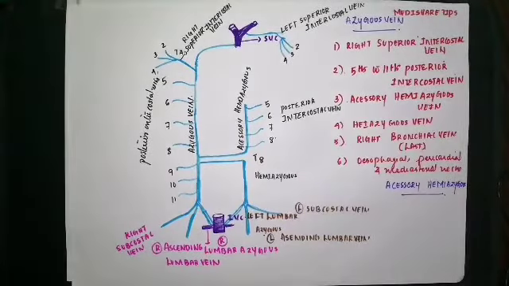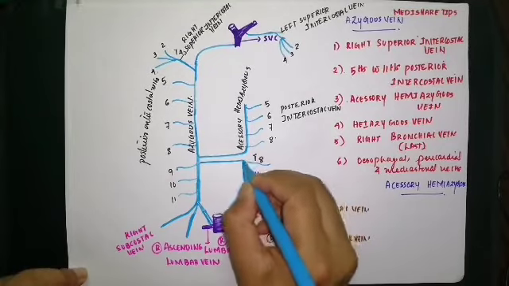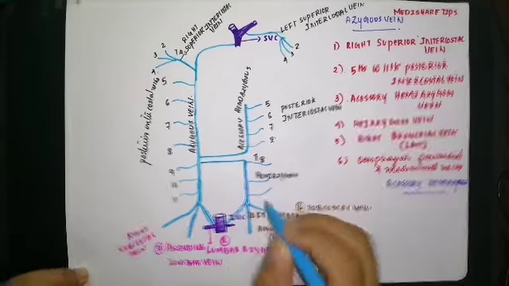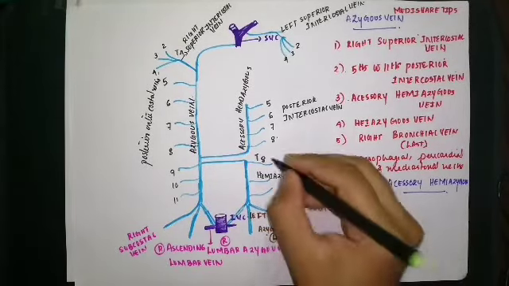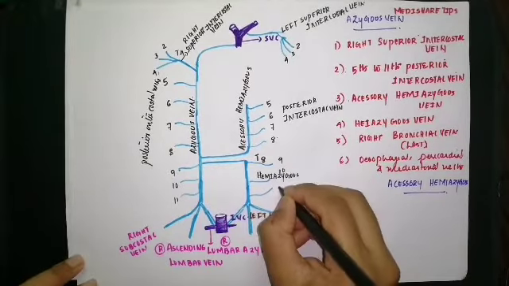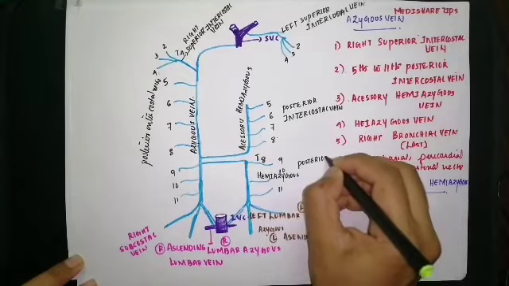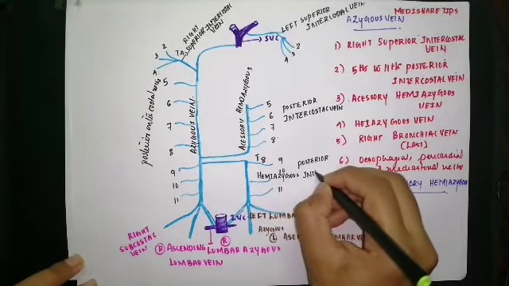And which are left out? That is 9 to 11. The 9th, 10th and 11th posterior intercostal veins are draining into the hemiazygous.